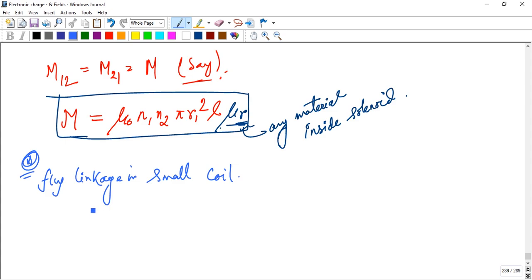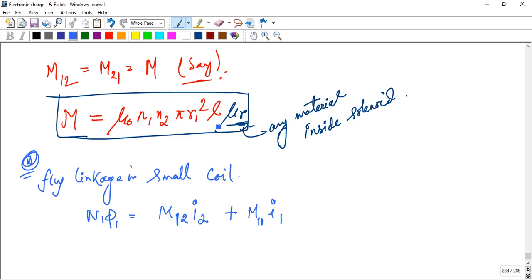So N1 phi 1 is equal to M12, the mutual inductance of coil 1 with respect to coil 2, times I2, plus M11, the inductance of coil 1 with its own current, times I1.